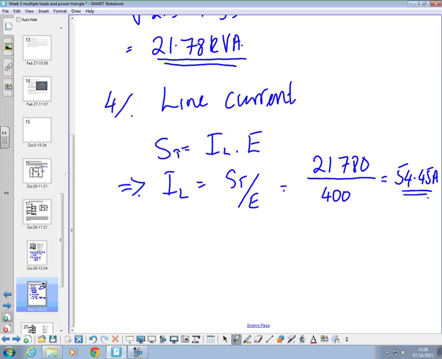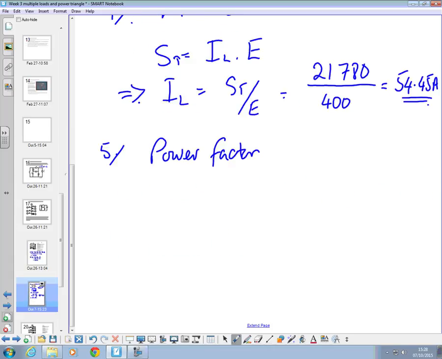Number 5. Power factor. What's helpful again? What's the power factor equal to?